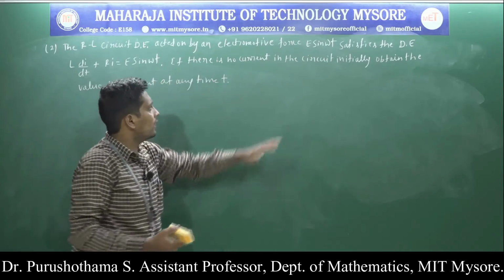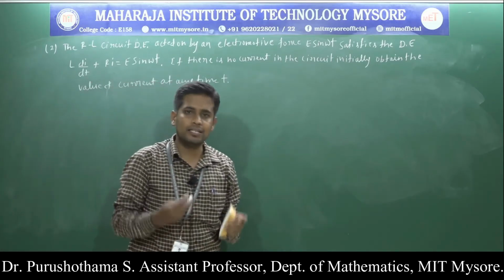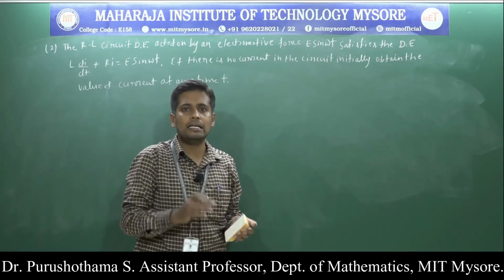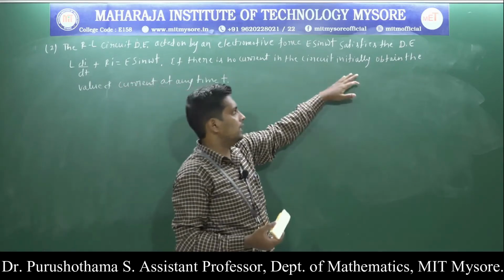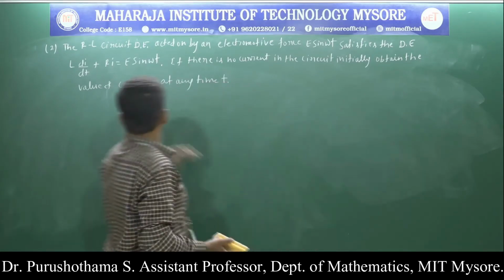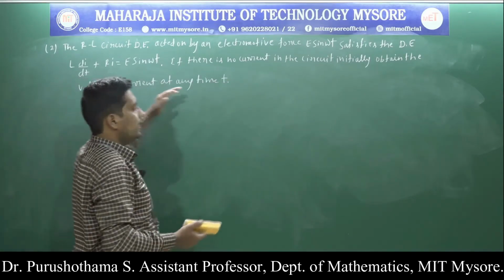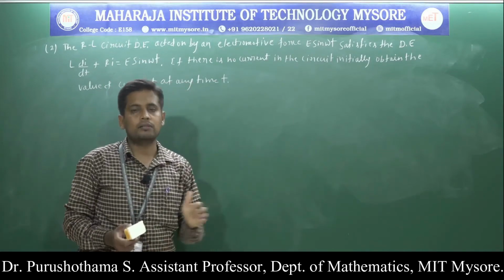If there is no current in the circuit initially, that is, when time t = 0, there is no current, then using that condition, obtain the value of current at any time t. This is the second question in the RL circuit.